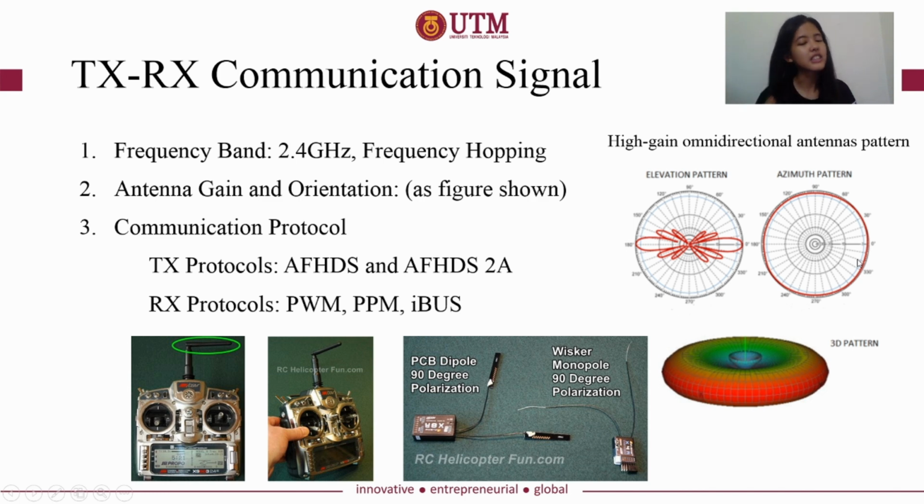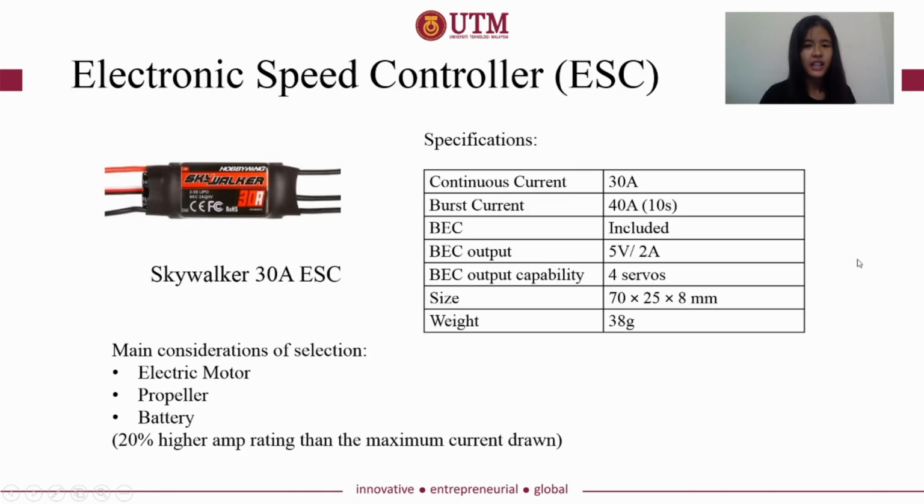For the receiver protocol, we use universal PWM and PPM. Also iBus. iBus is the digital serial protocol developed by FlySky that allows up to 18 channels to be supported on a single wire.